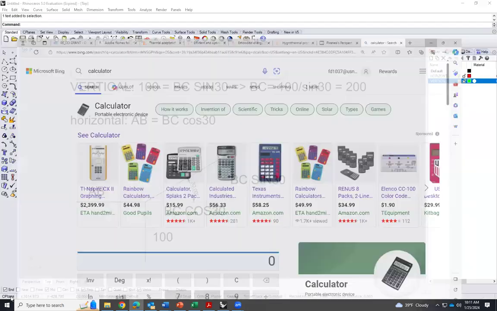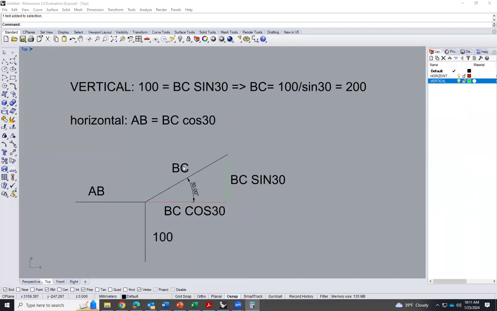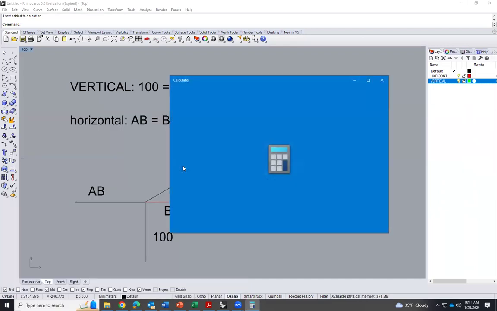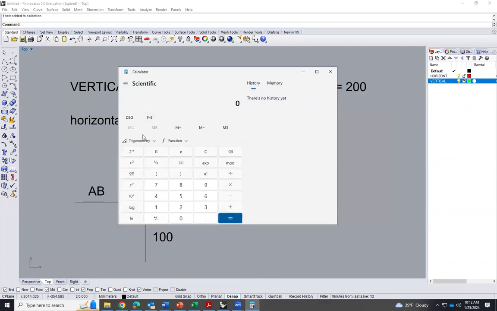Okay, so let's get used to using these kinds of things. In this calculator, we have trigonometry here. So we have to do the sine of 30.